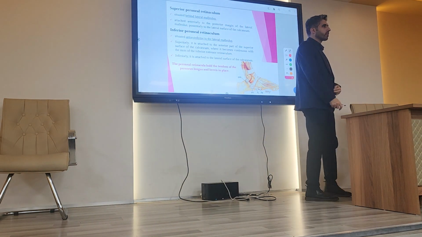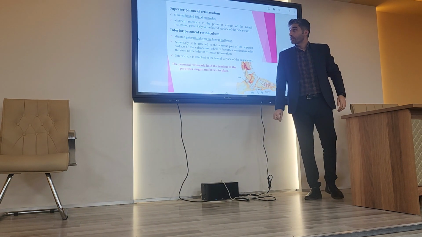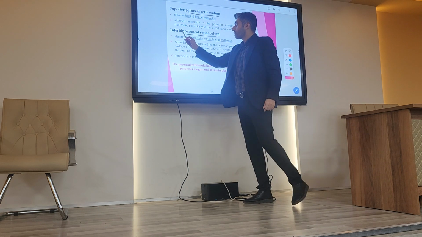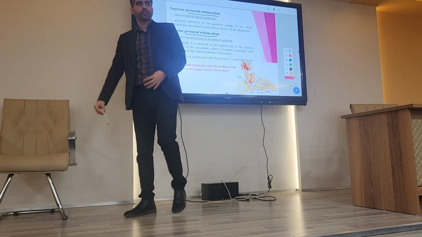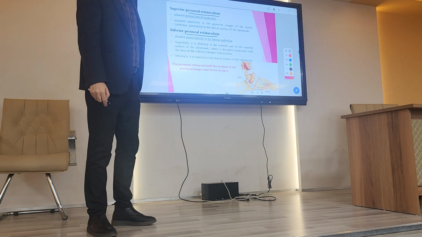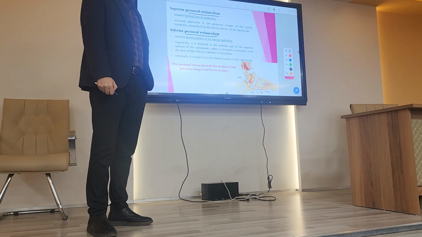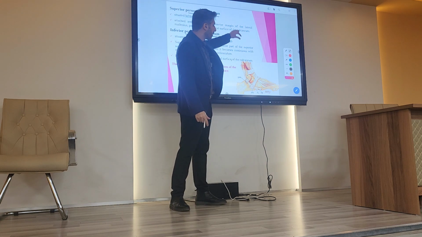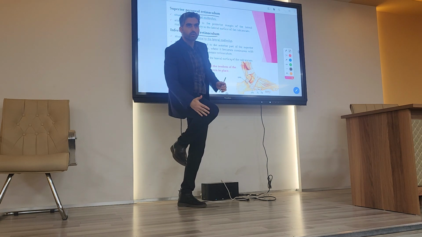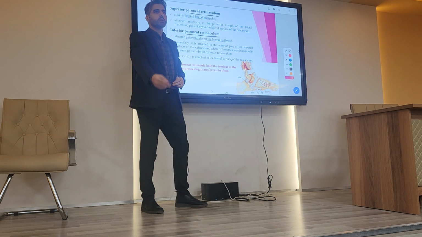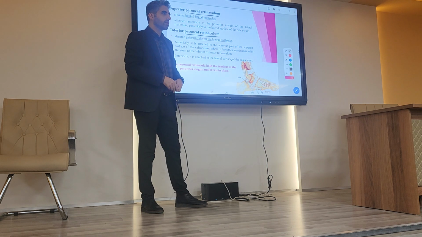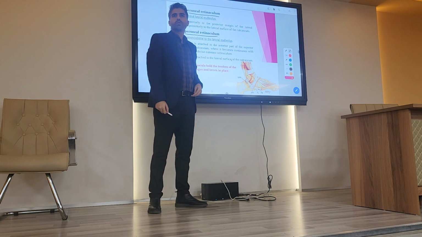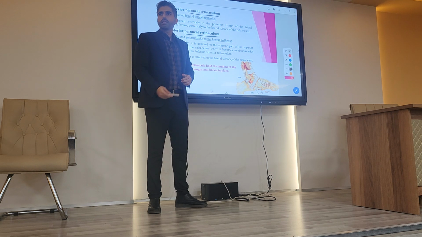This is a superficial vein. Fibular retinaculum: we have two retinacula for the fibularis muscles, fibularis longus and fibularis brevis. Look at here. Here is the lateral compartment. In the lateral compartment, we have two muscles, fibularis longus and fibularis brevis.